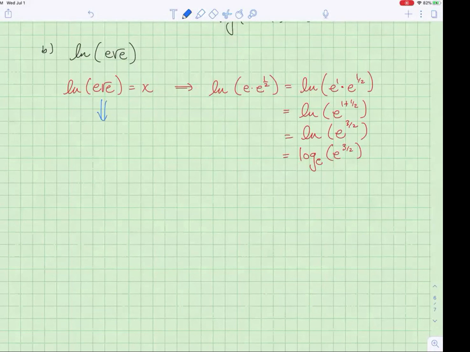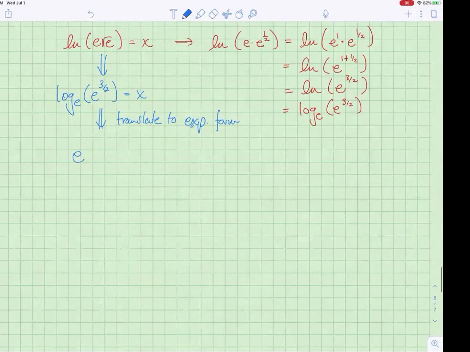So, let me rewrite that. This is log base e of e to the 3/2 is equal to x. As we translate this to exponential form, we get the power that turns e into e to the 3/2 power is x.